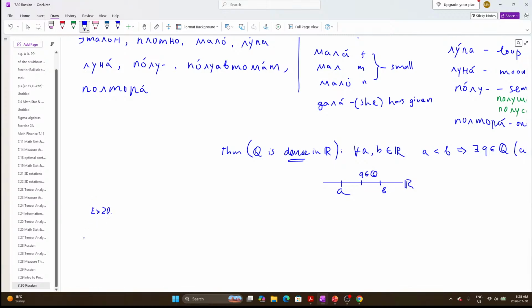Exercise 20. Read the Russian word. Mind the pronunciation of the sound R and L at the end of each word.